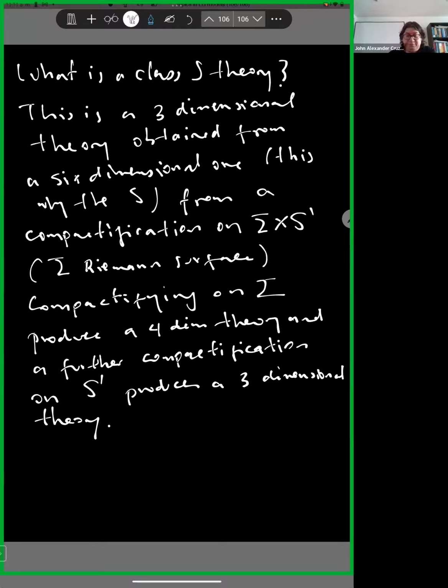So there are some theories, obtained by doing the compactification this way.